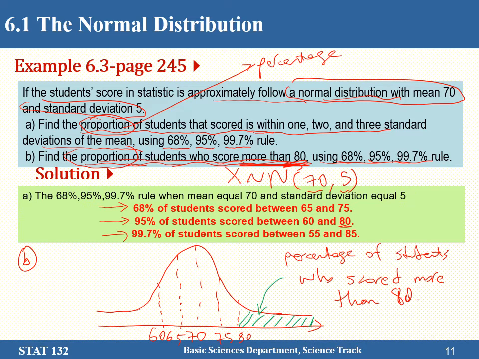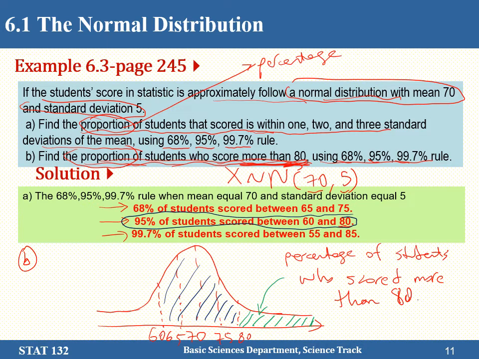Now, what we know about the area for now is that this part here, between 80 and 60, is 95% of the students.